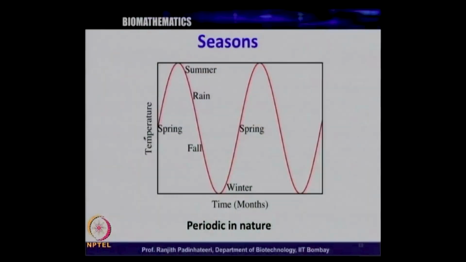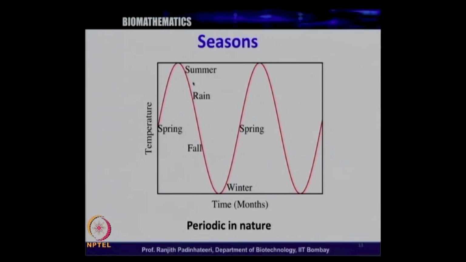So let us look back at the graph, with temperature on the y-axis and time on the x-axis. At spring, at a particular time, you have some temperature. Spring is typically March, and as the time goes, it goes to May and so on. The temperature increases, and that's where summer is. In summer, you have the peak of the temperature, and then in most parts of India, rain arrives at some point, July or so, and then the temperature somewhat decreases.